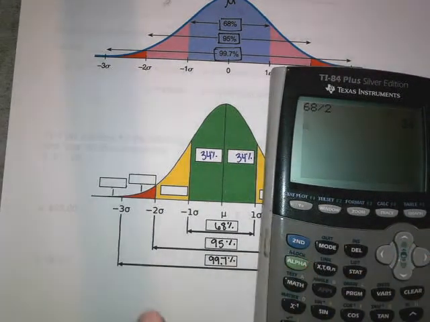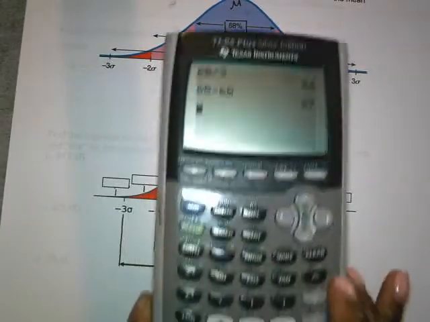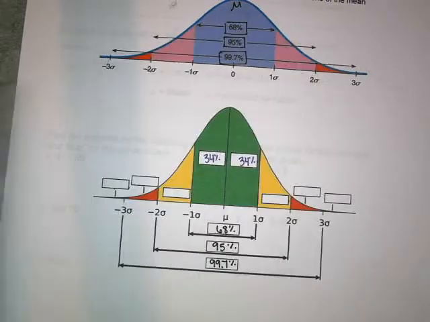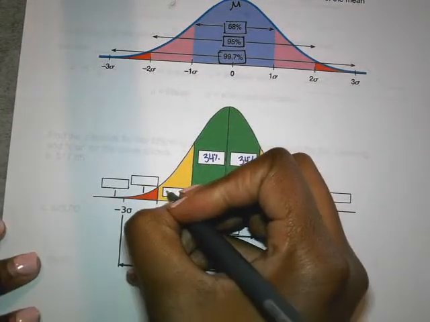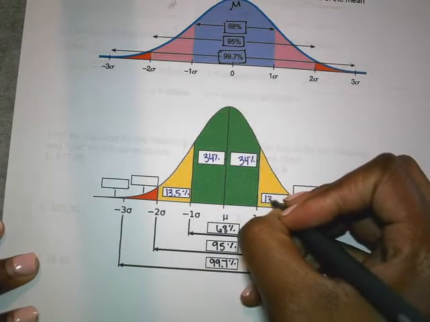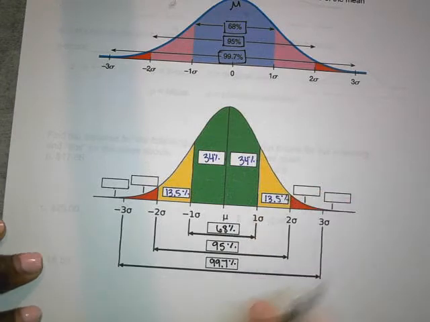All right, to find my next piece, I'm going to subtract 68 from 95, which leaves me with 27. Okay, I'm going to divide that 27 by 2, which gives me 13.5. So that means that this piece here is 13.5%, and this is 13.5%.